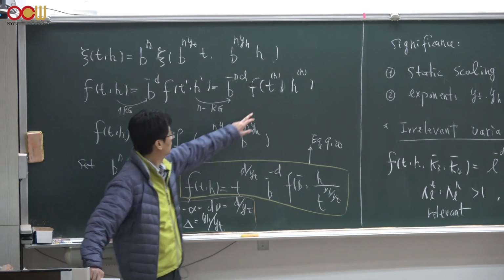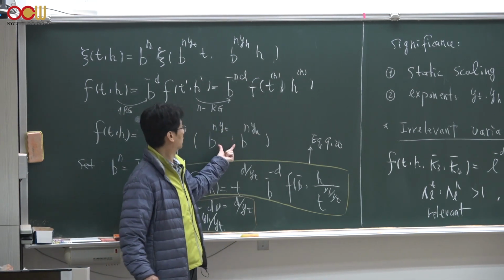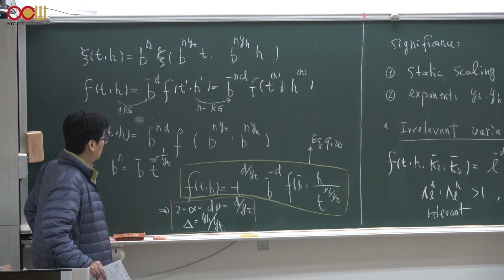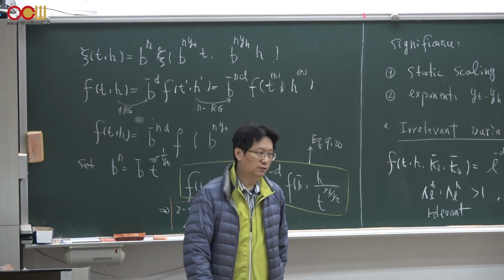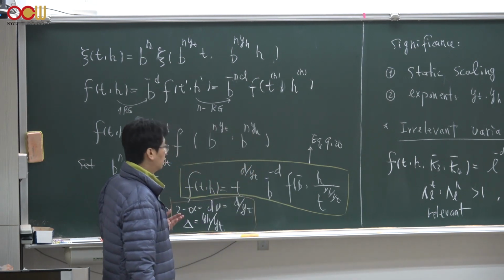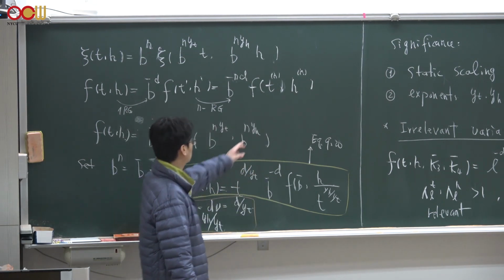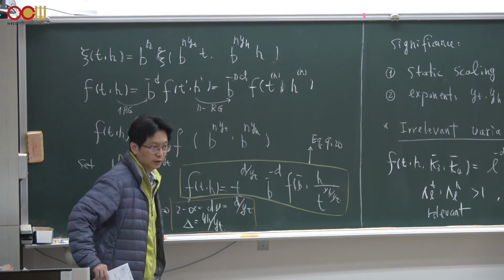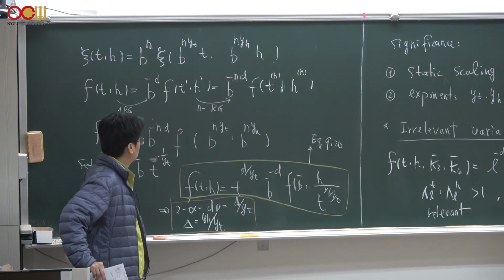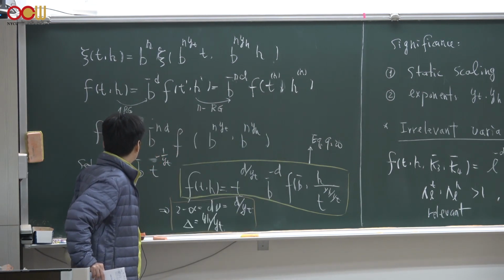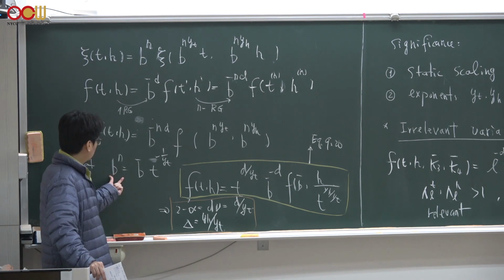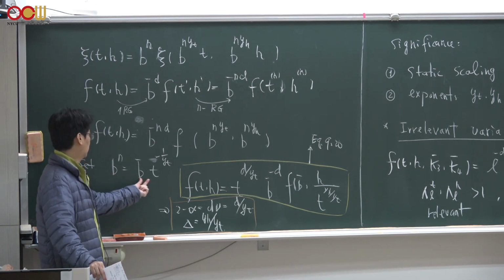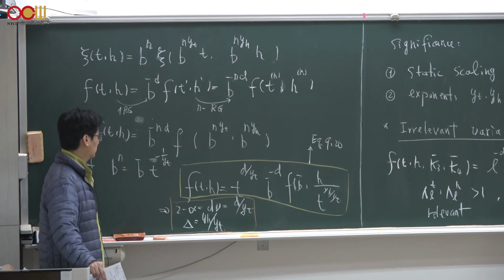But the rescaled variables are nothing but these factors that we just defined, so we could plug in these definitions of the rescaled t after n RG iterations, and also the rescaled h after n RG transformations. And we could set this factor b to the power of n to any scale we want, and we could choose this scale to be some constant b bar times t to the power of minus 1 over yt.